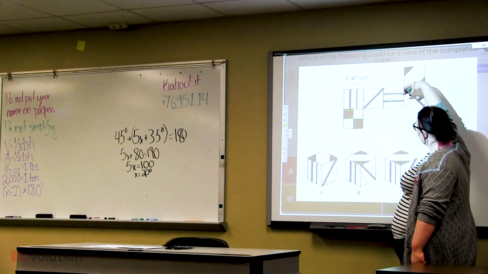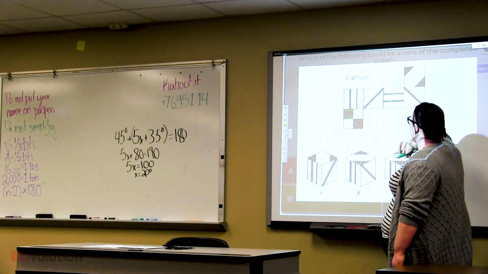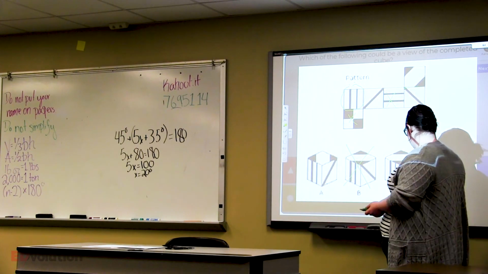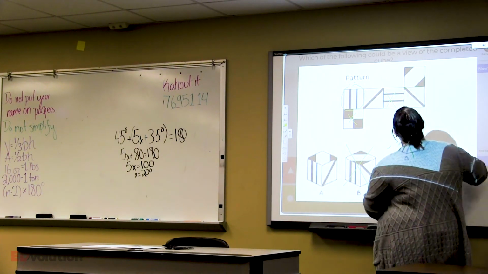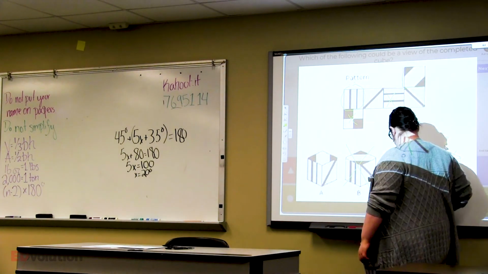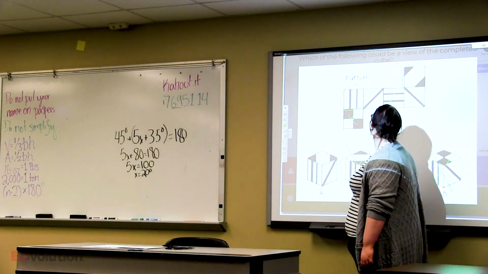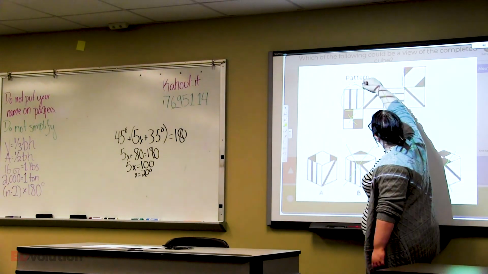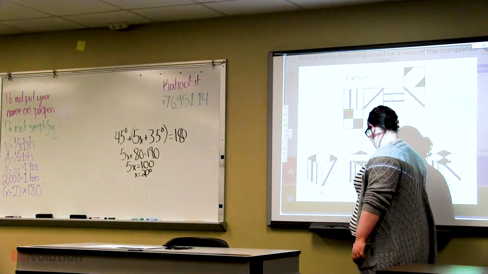So if we folded this over like it was the top of the box, we see that these two meet up. These two would meet up. These two sides would meet up.